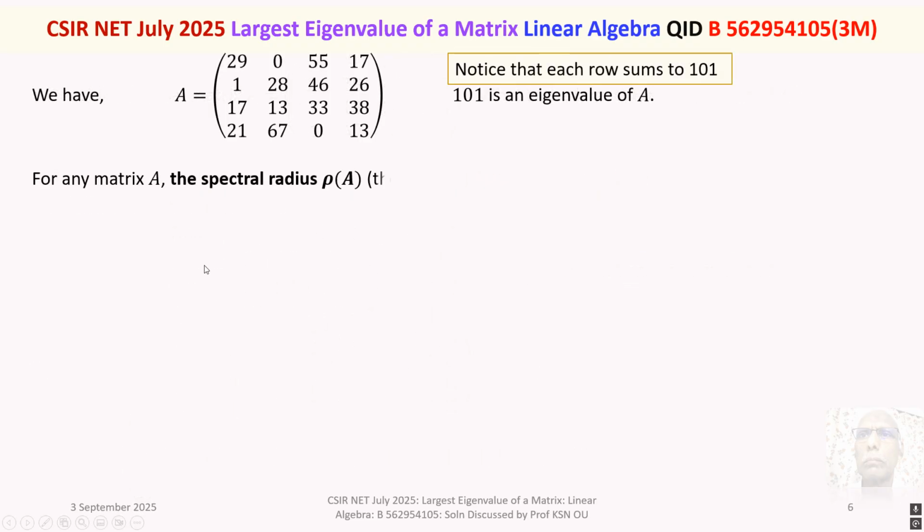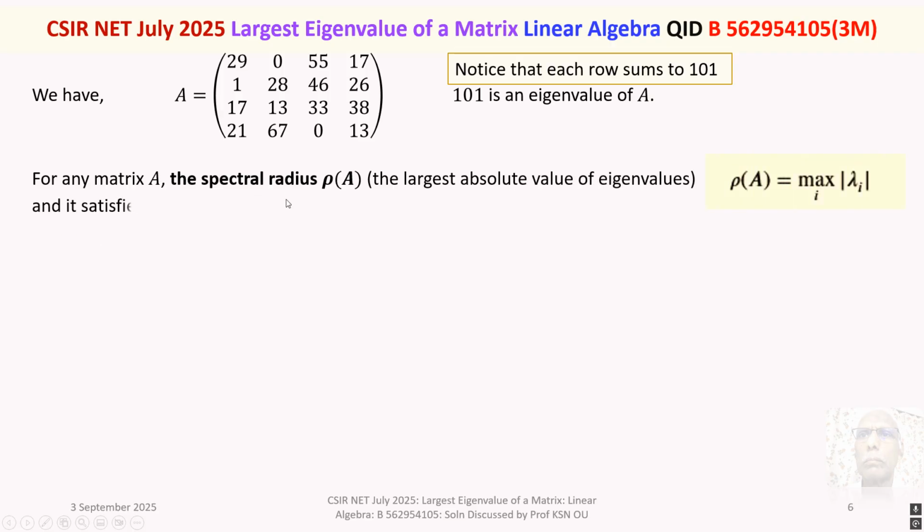Now we recall a definition for the spectral radius of the given square matrix. For any square matrix A, the spectral radius is denoted by rho of A. Here rho of A stands for spectral radius, not for the rank of the matrix A. It is defined as the maximum of mod lambda i, where the maximum is taken over all i.